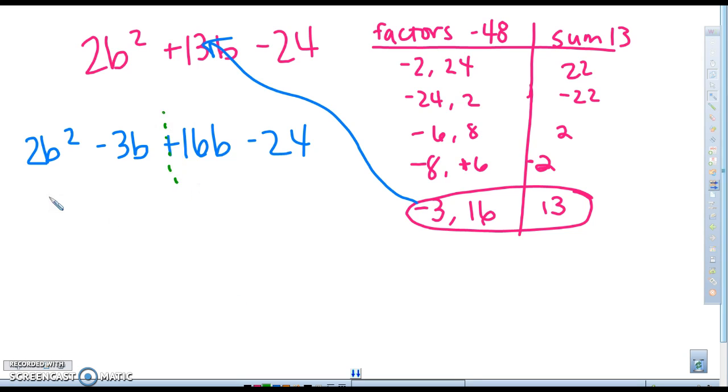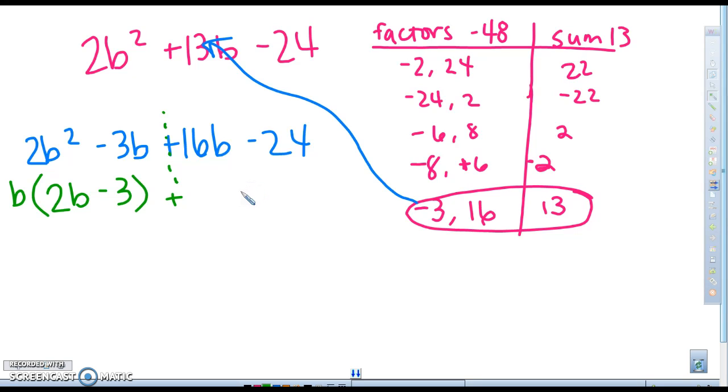So I split it down the middle. I say out of these two terms, the only thing they could possibly have in common is a b. So I'm going to divide that out by putting it on the outside. And I'll be left with 2b minus 3 plus, over here, the only thing, I think they're both divisible by 2, maybe?